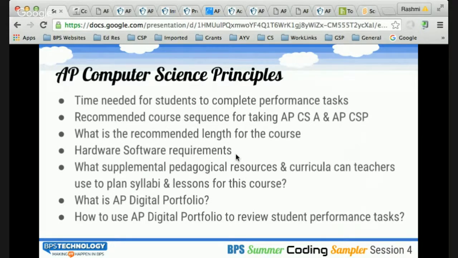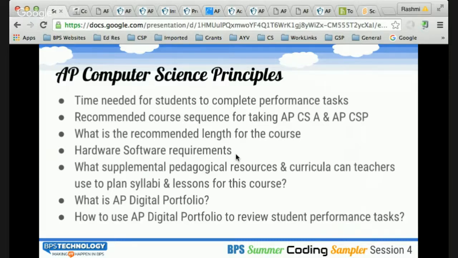Moving on, I did mention a little bit about the performance task, and we'll look at them together. But when you're planning, College Board says 20 hours, but a lot of the teachers recommend close to 40 to 60 hours for these performance tasks, because sometimes students come at different levels in terms of their skill set, so building that in.